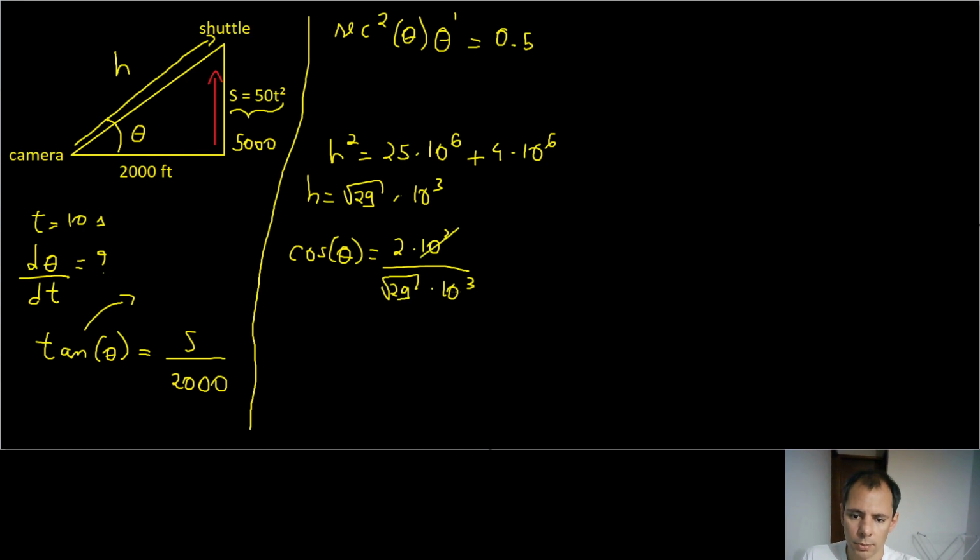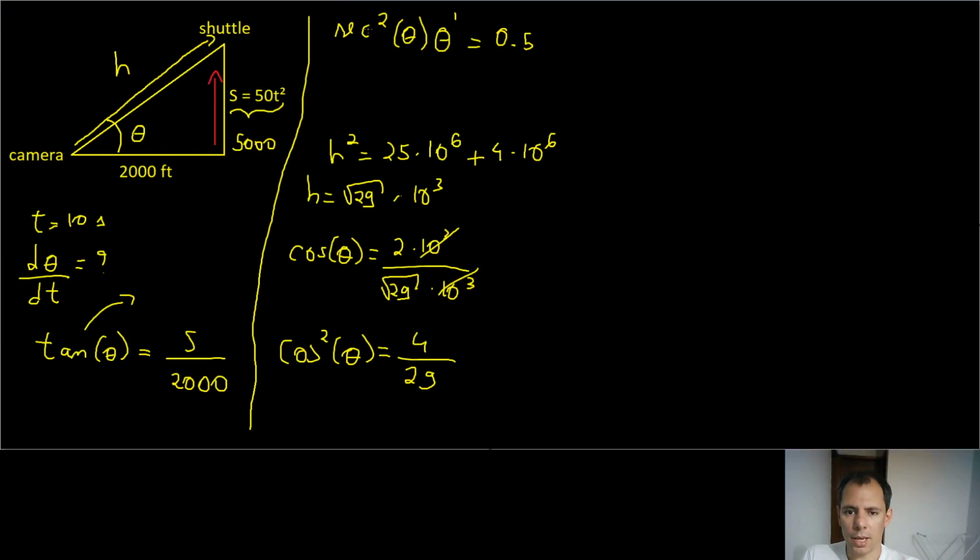So 10 to the third with 10 to the third, you cut it out. But we got the secant squared, so we're actually interested in the cosine squared. So the cosine squared of the angle when t equals 10 is going to be 4 divided by 29, right?